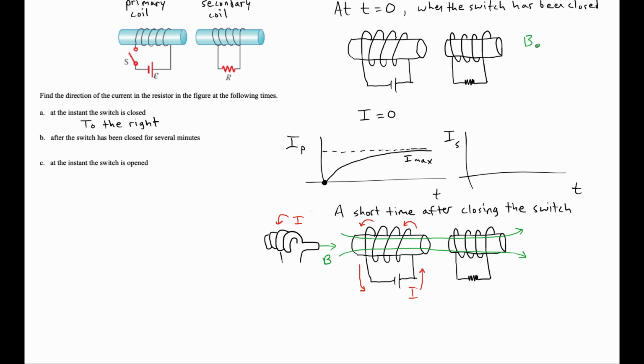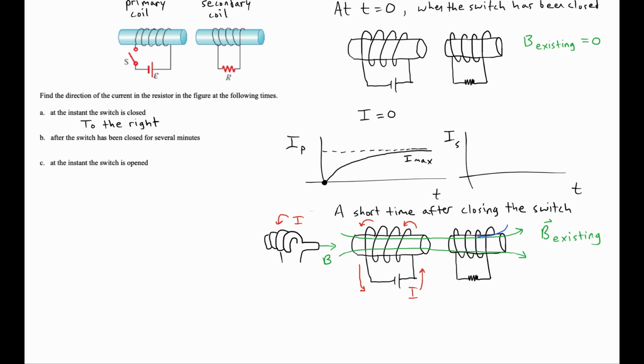At first, the existing field was 0, and now there is some magnetic field in those loops. But according to Lenz's law, a current will now be induced in this secondary coil in order to cancel the change in magnetic flux that's occurring here.